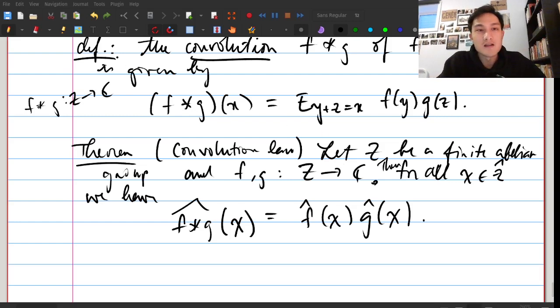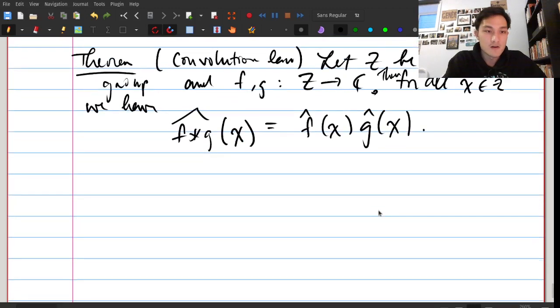So I said the Fourier transform of a convolution product is the product, the multiplication, of the Fourier transforms. Let's just prove that. It's not so hard. Proof: we expand.